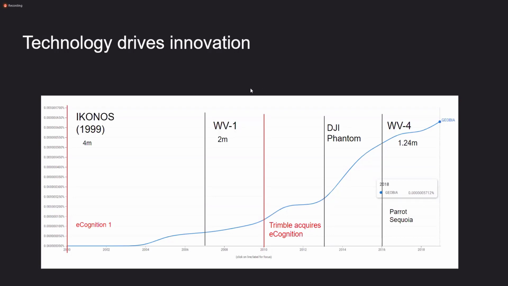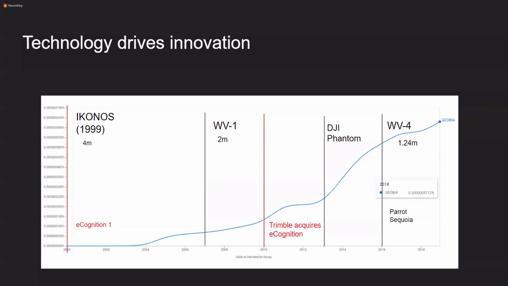And then throughout that same time, we've also seen increases in the spatial resolution of imagery. As I talked about, IKONOS came in at the 4-meter level back in 1999. In 2016, we had WorldView-4 launched with a 1.24-meter multispectral camera.